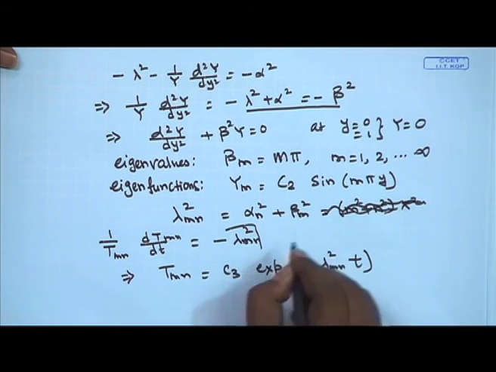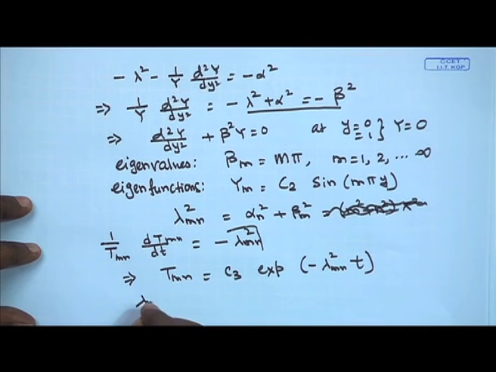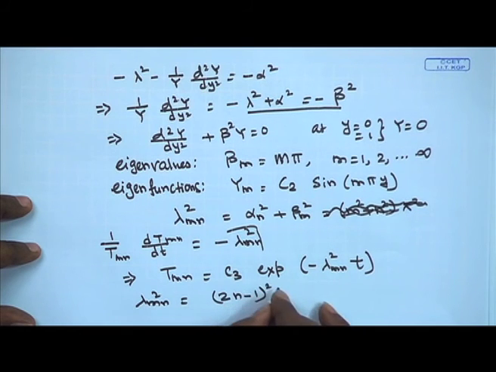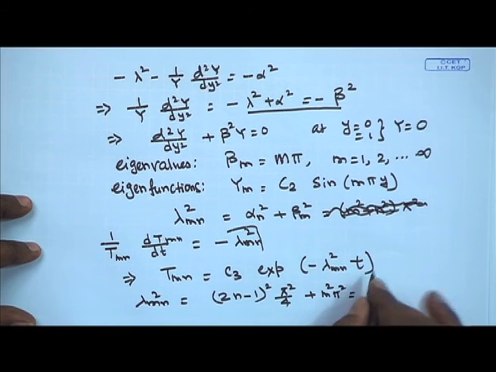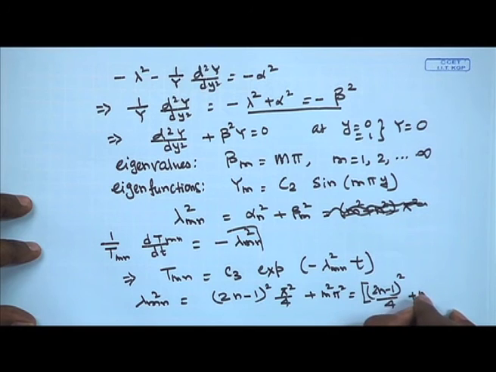2. So, therefore, lambda_mn square will be (2n minus 1) square pi square by 4 plus m square pi square. If you take pi square common, this becomes ((2n minus 1) square by 4 plus m square) pi square.